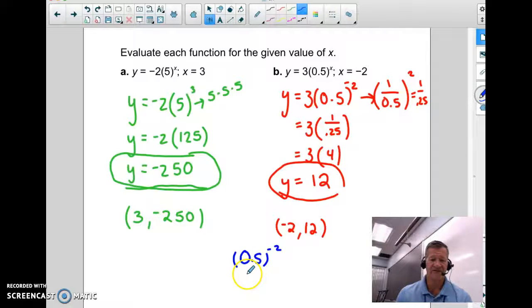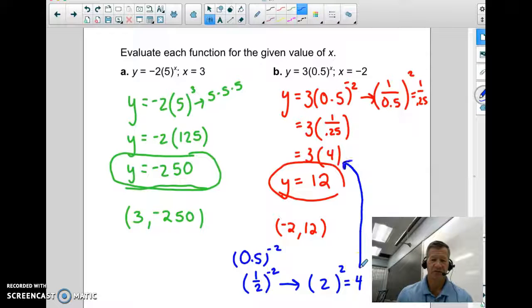Hopefully we know that 0.5 is the same as saying 1/2. Now remember, when you have negative exponents, we can make that exponent positive as long as we take the reciprocal of what's in the parentheses. Well, the reciprocal of 1/2 is 2/1, and 2/1 is simply 2. 2 to the second power would give us 4, the same way as we showed right there. So that's just another way of thinking about it.